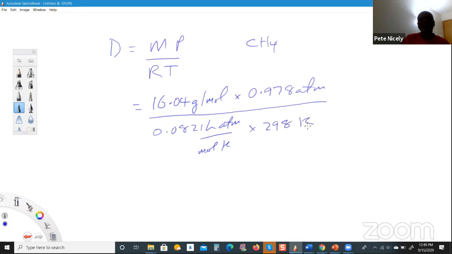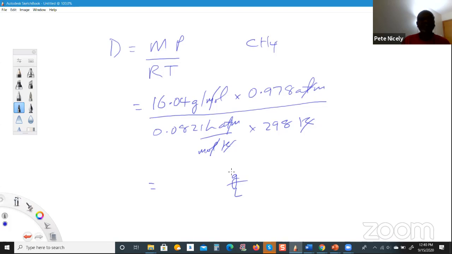Okay, and then of course we do our unit cancellations. You're going to have moles canceling out, atmospheres canceling out here and here, and the Kelvin will cancel out here and here. So you'll be left with grams per liter as your unit of density.